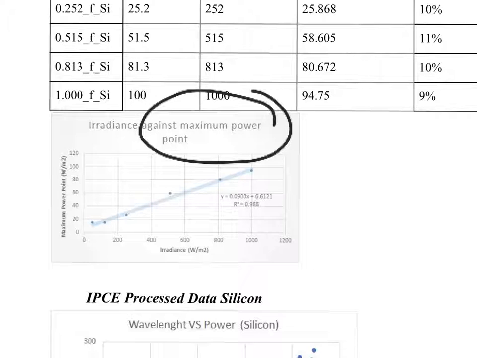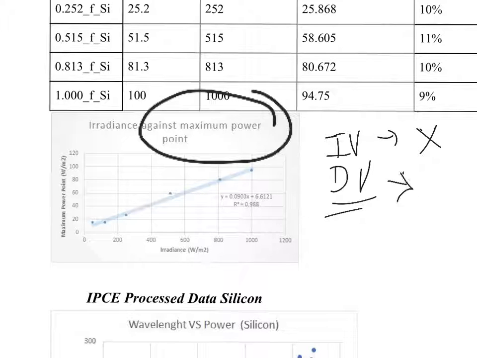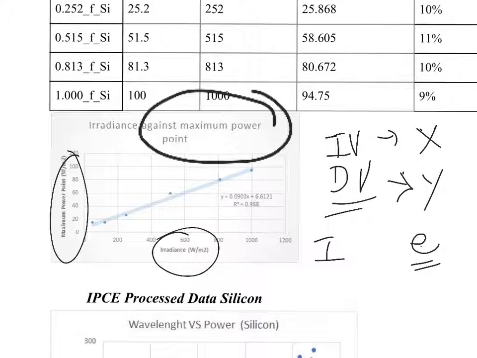So go back, have a look at your independent variables and your dependent variable in your explanation. Your independent variable in the end should be on the x-axis and your dependent variable should be on the y-axis. You have outlined your independent variable as intensity and your dependent variable as efficiency, but that's not what we're seeing here.